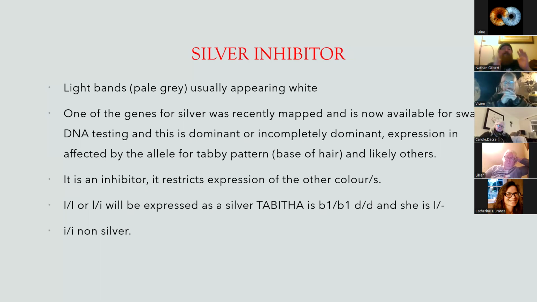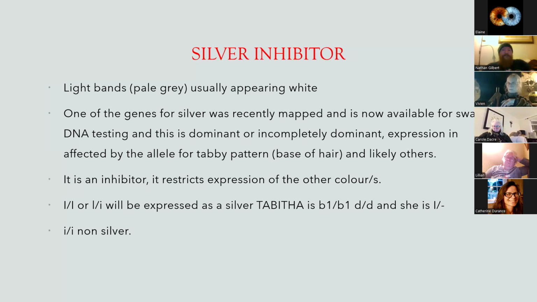But it's bleaching the color that's there. So the cat is still usual chocolate, sorrel and or dilute, but the color isn't expressed as that. You've got this pale gray, which looks white at the base, because it's been bleached away by the silver inhibitor gene.